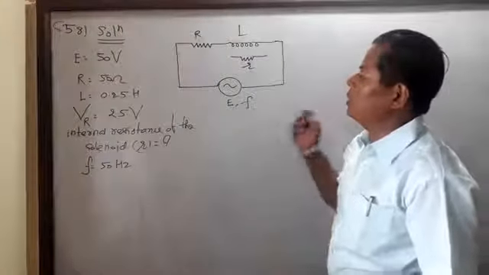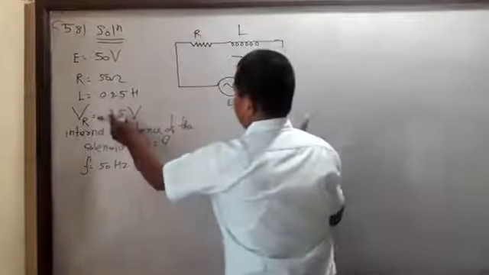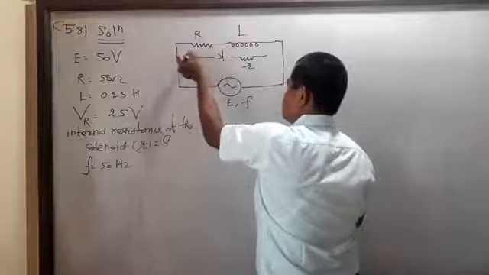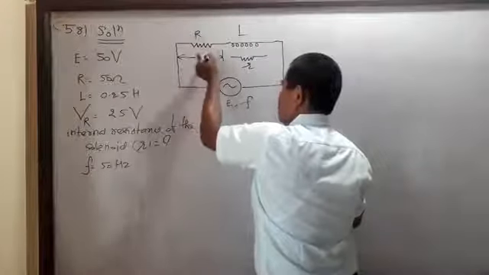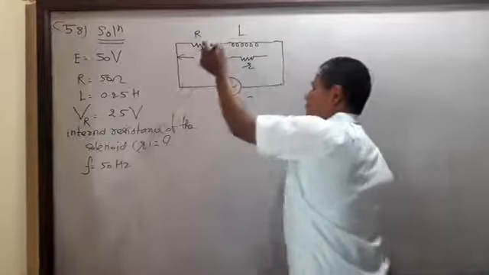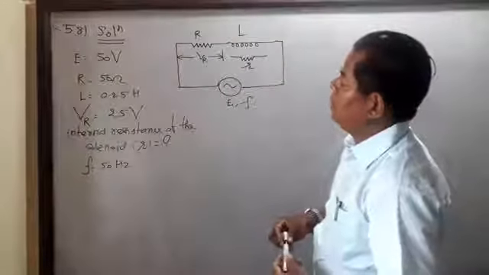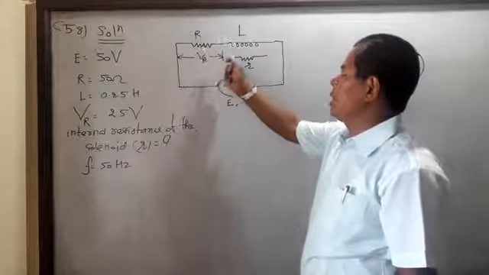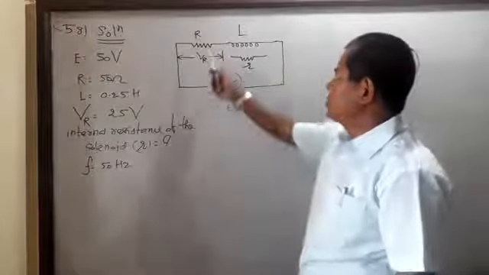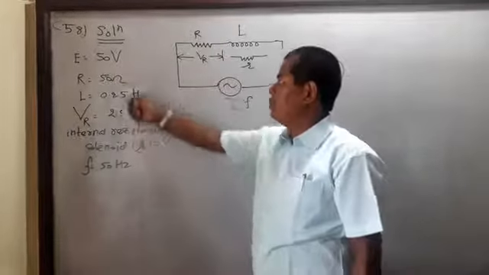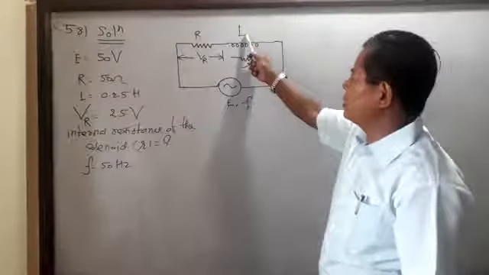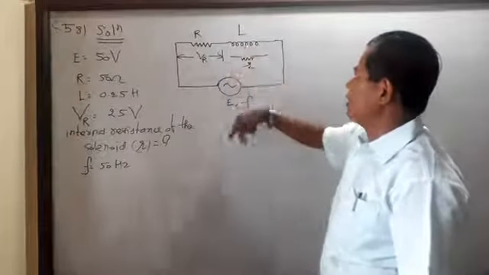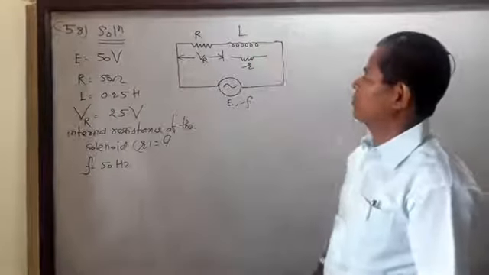In the question, the potential difference developed across the resistor is given, that is VR. Again, listen about this question. There is a circuit containing a resistor and an inductor. The resistor has resistance 50 ohm, the inductor has inductance 0.25 Henry, but it is not a pure inductor; it has internal resistance also.